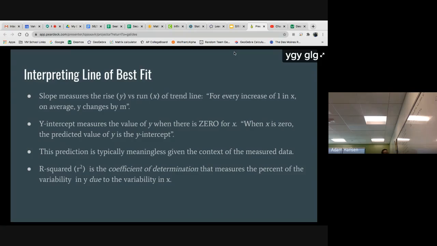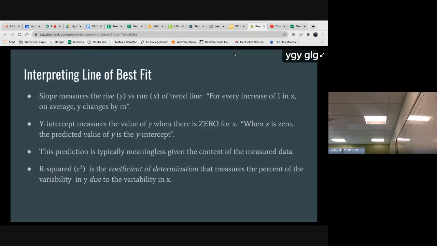All right, last one, the coefficient of determination. This is called r squared. It's a new value for you. R squared is the same correlation coefficient, our r value from our last standard, times itself. R squared is r times r, right? R squared, the coefficient of determination, tells us how good our trend line is at describing the variation in our data.